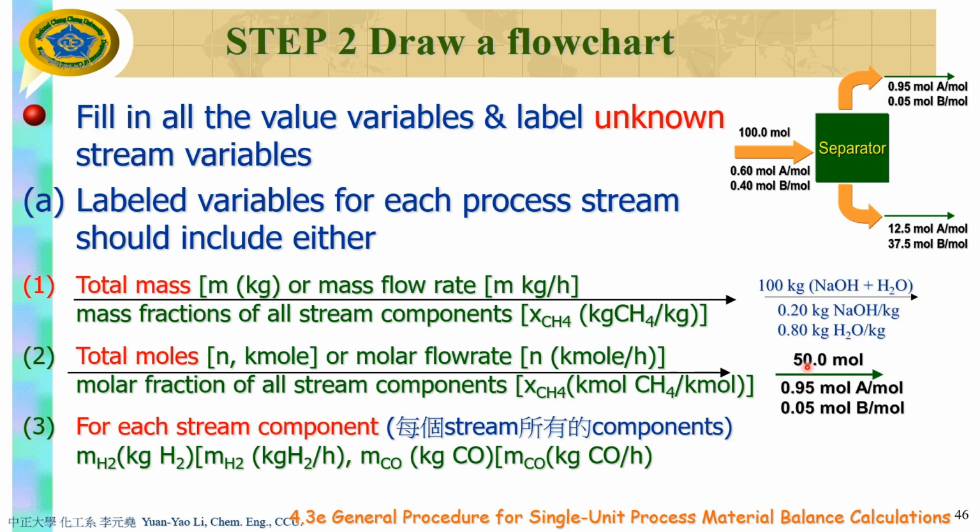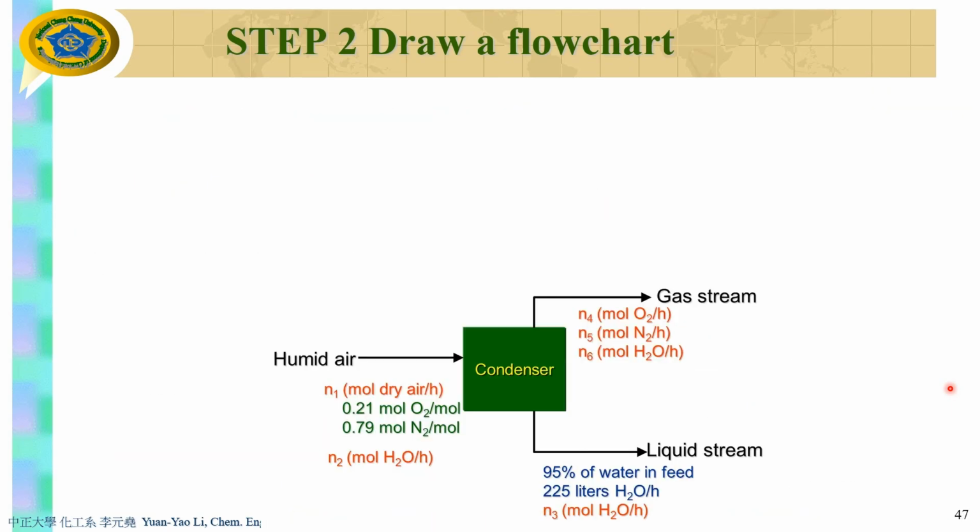For example, 45 moles A and 5 moles B, something like this. Right, this is step 2.